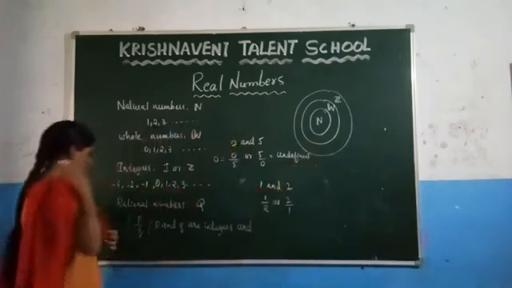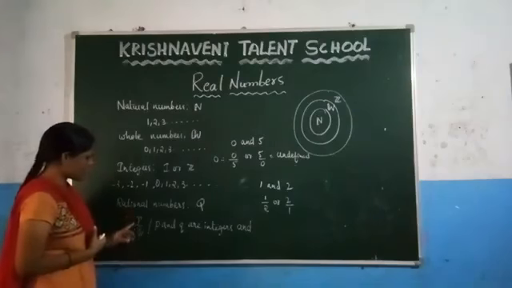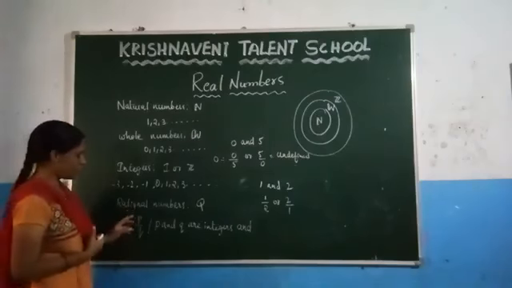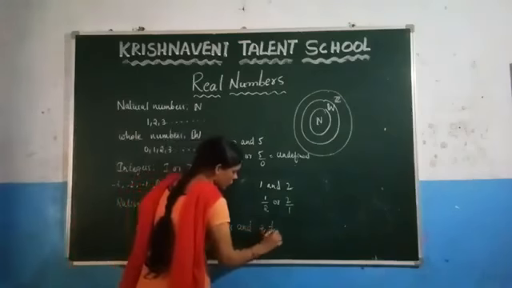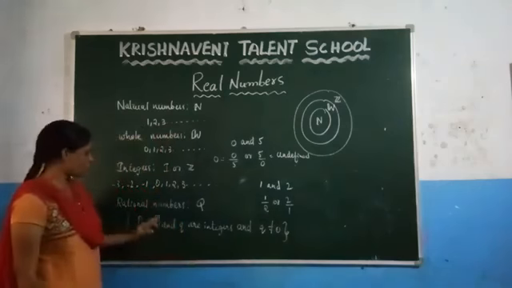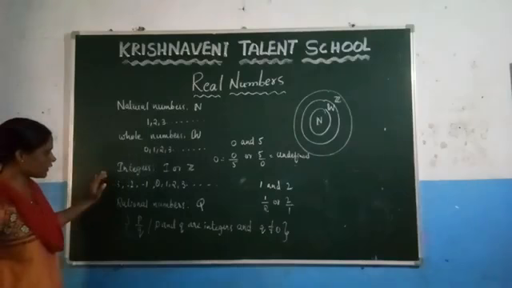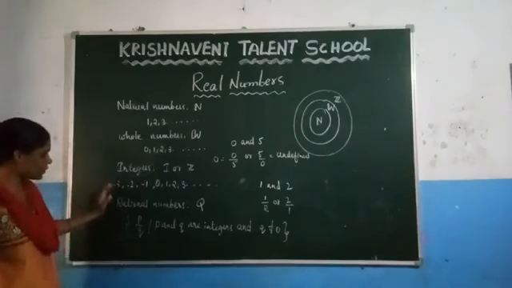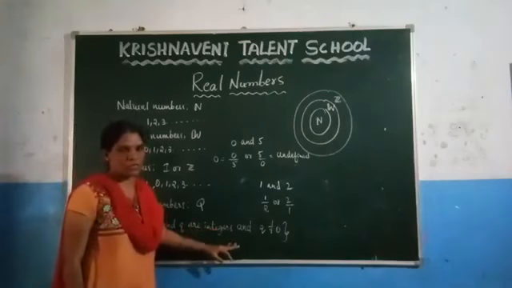So while defining a rational number, we have to consider two integers P and Q, and we have to write those numbers in the form of a fraction, and the denominator should not be equal to 0. This is the condition we have to mention while defining rational numbers. What are rational numbers? If you consider any two integers, we can write those integers in the form of a fraction, and the denominator should not be equal to 0.